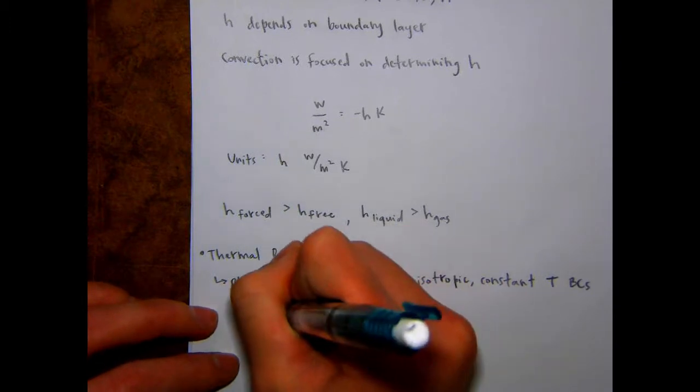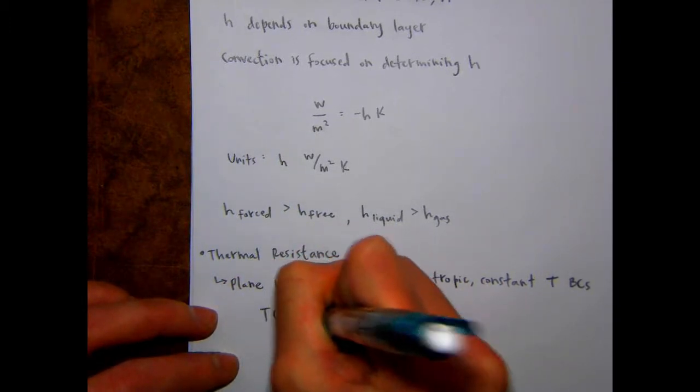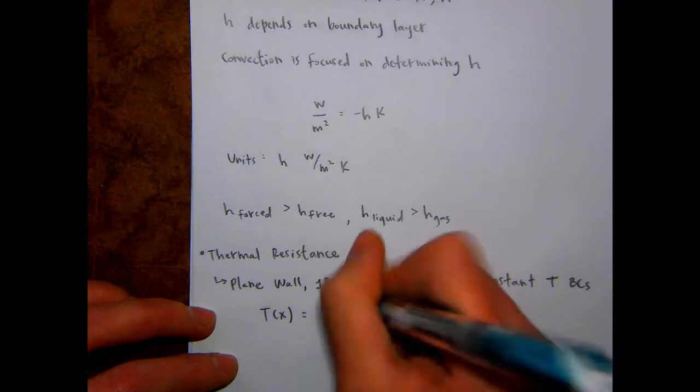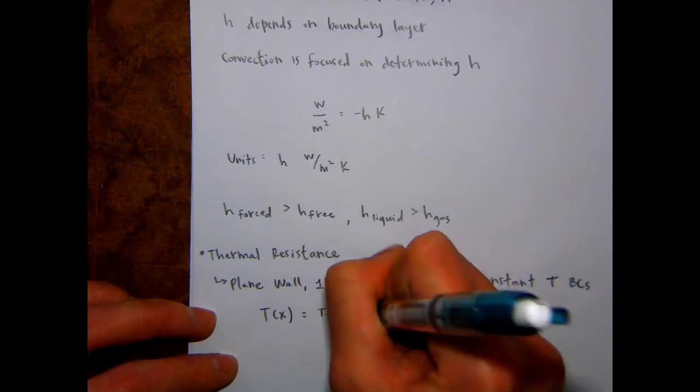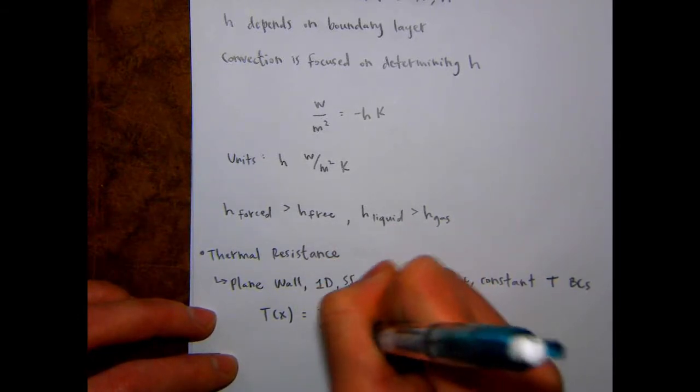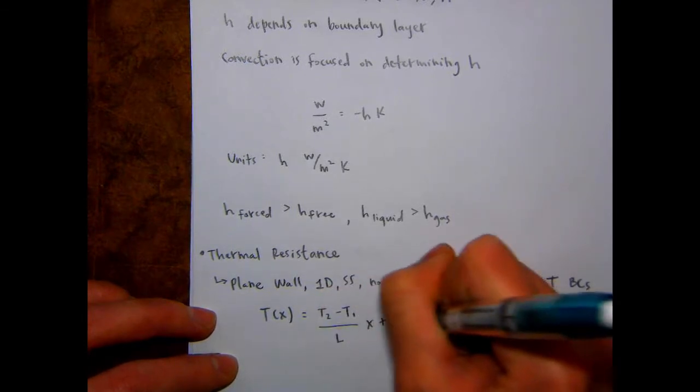And that gave us this temperature distribution. T of x is equal to T2 minus T1 over L times x plus T1.